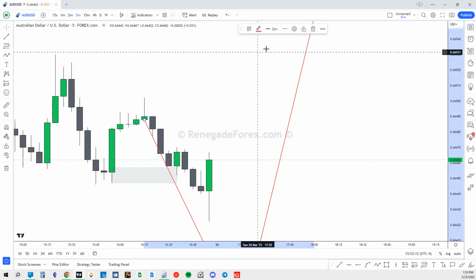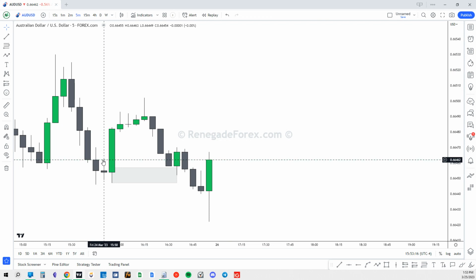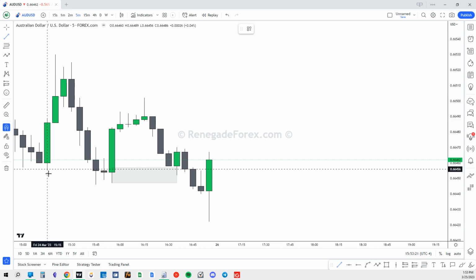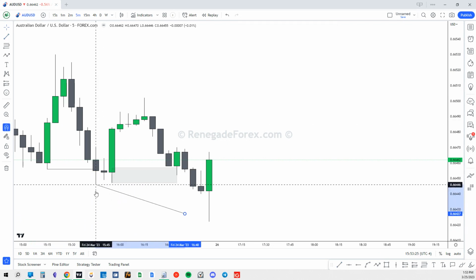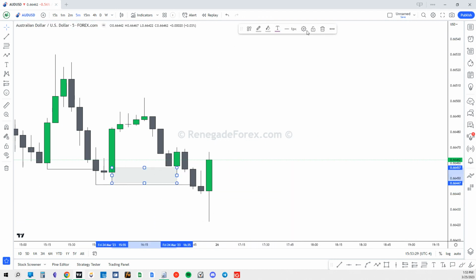Let's get rid of our red tool here. And let's say you came up to a chart that was like this, without zooming out, without knowing what's happening on the higher time frames. This market right here at this point in time is trending bearish. And so we have our break of structure there, and then we have our break of structure here. Let me get rid of this from our previous examples.